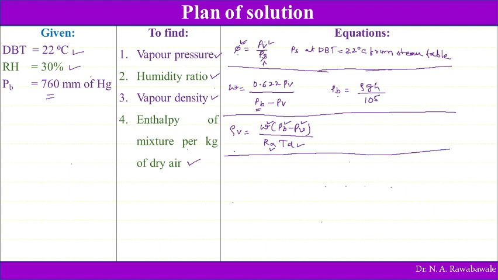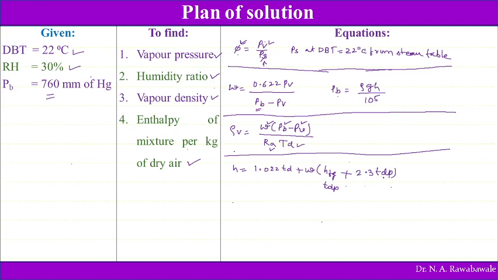The next one is enthalpy. H is equal to 1.022 TD plus omega times HFG, latent heat of vaporization at dew point temperature, plus 2.3 times dew point temperature.